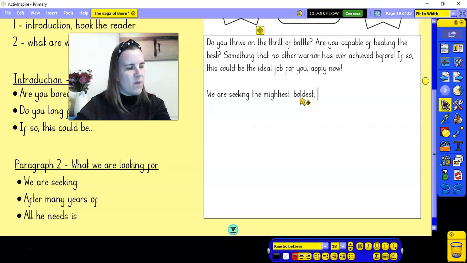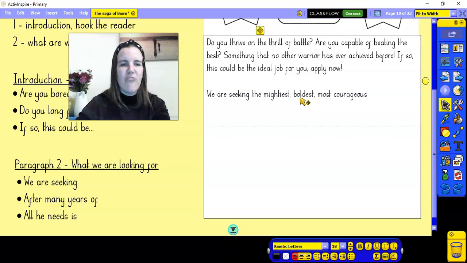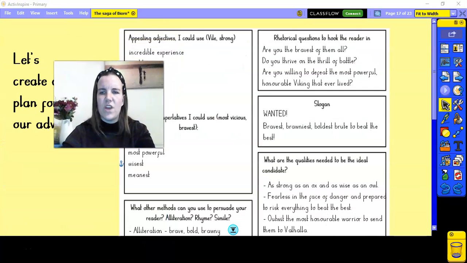The mightiest, boldest, most courageous. Now courageousest didn't sound right, so I'm going to go with courageous. Okay, most courageous warrior to defeat. Now I want to describe Bjorn, so I'm going to look back at my plan to come up with some of those adjectives that I used earlier in the week.